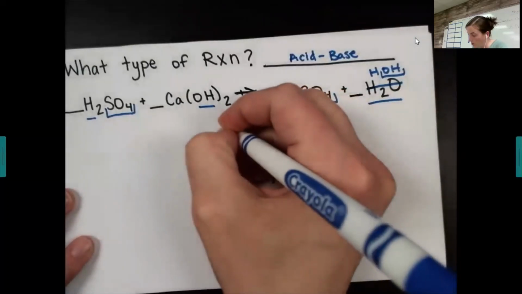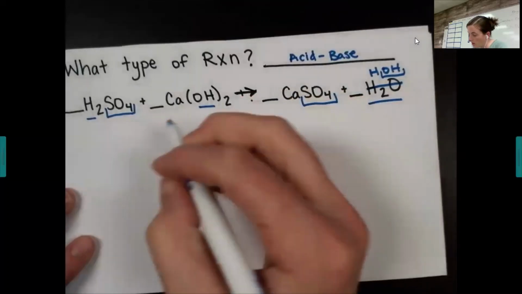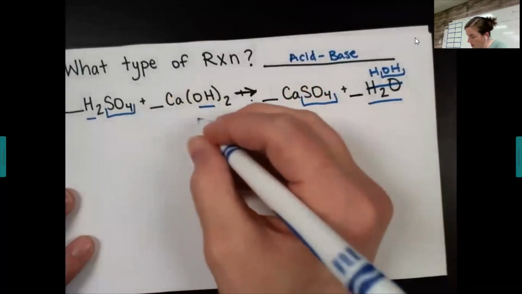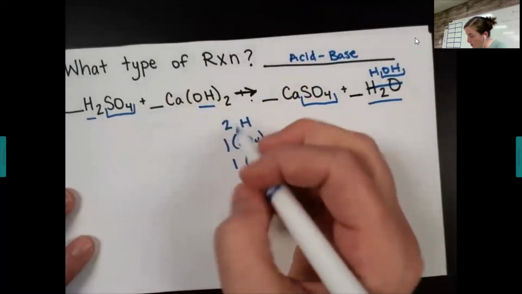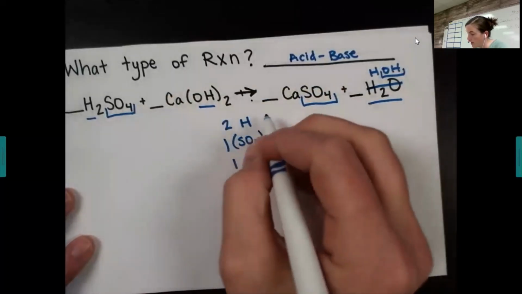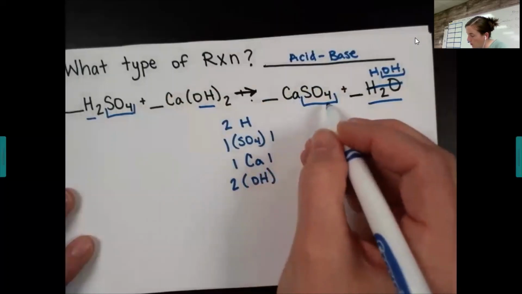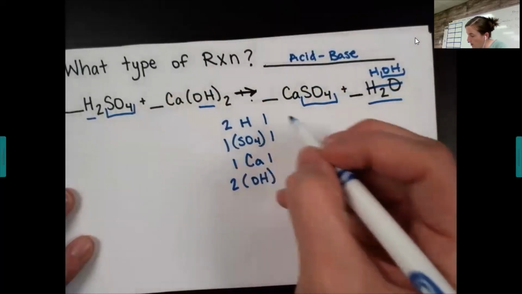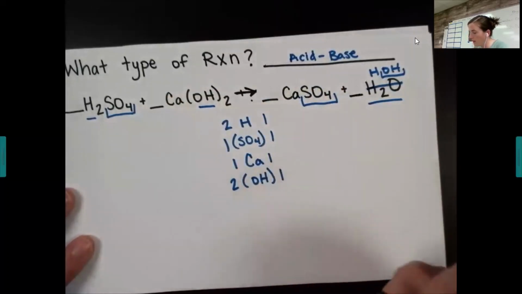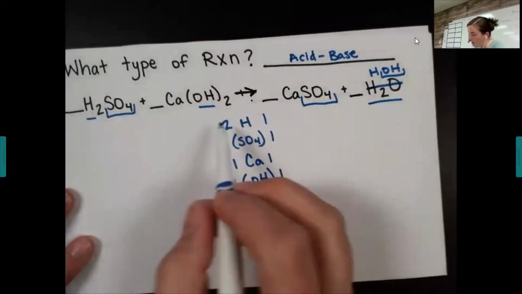All right, so we have 2 hydrogen, 1 sulfate, 1 calcium, 2 hydroxides. On the product side, we have 1 calcium, 1 sulfate, 1 water, and 1 hydroxide. Okay, so my hydrogens are not balanced.